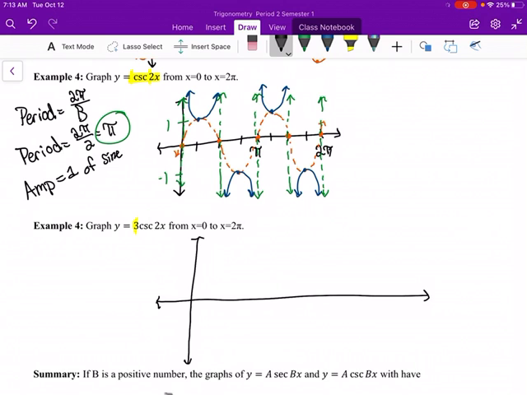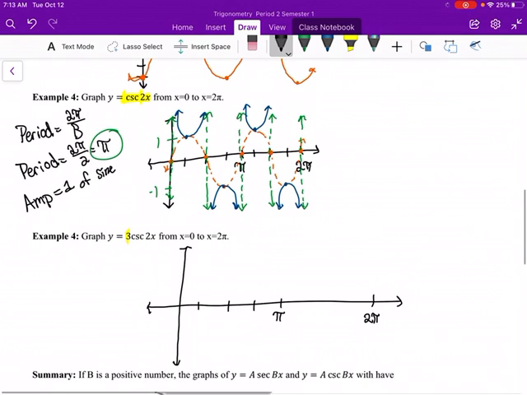So the only thing that we need to do is we need to multiply everything by 3, all of our y values by 3. Our asymptotes are still going to be in the same place because we are not moving our graph any direction. So that's going to be at every pi over 2, we have an asymptote.